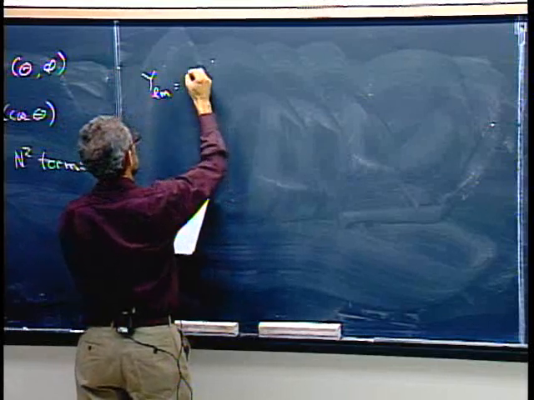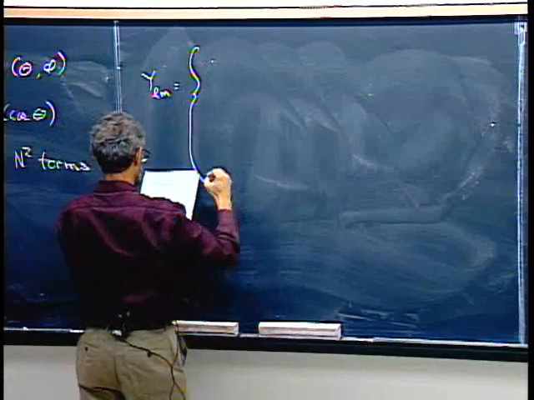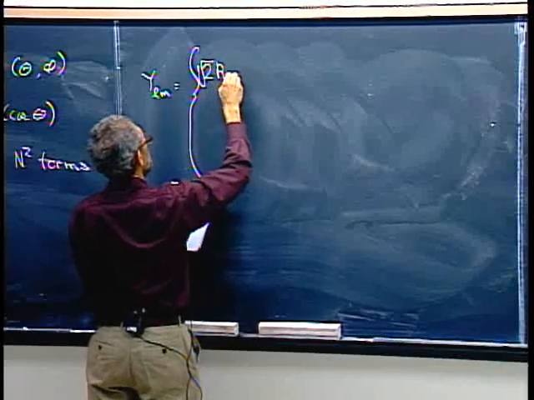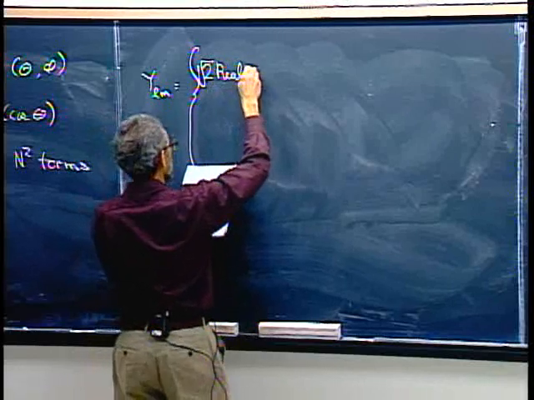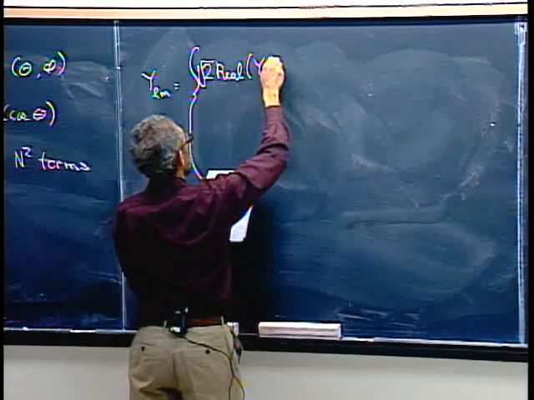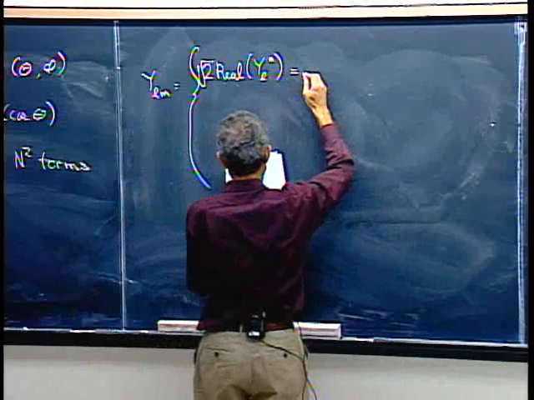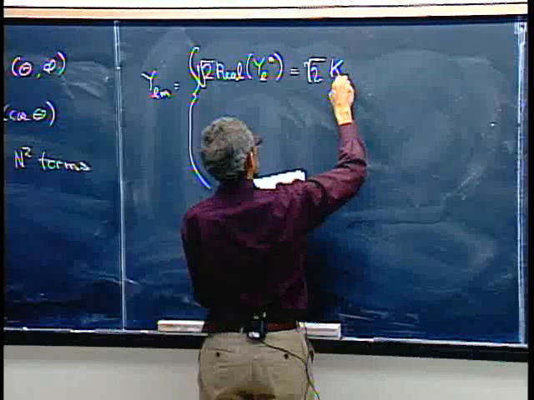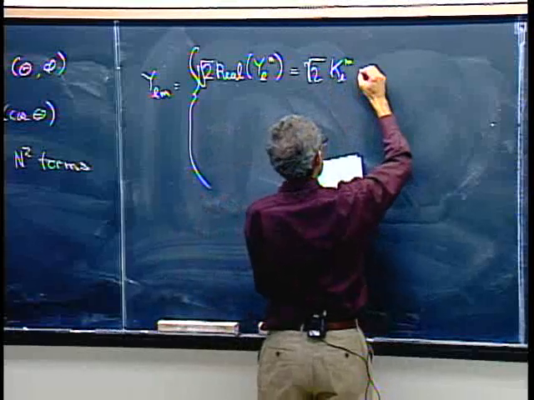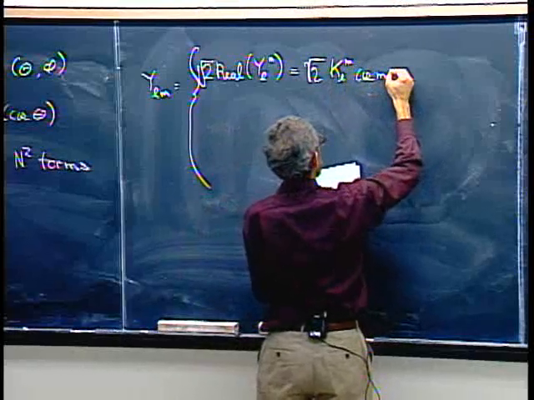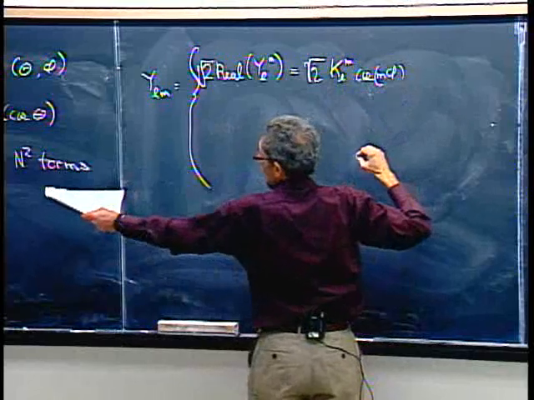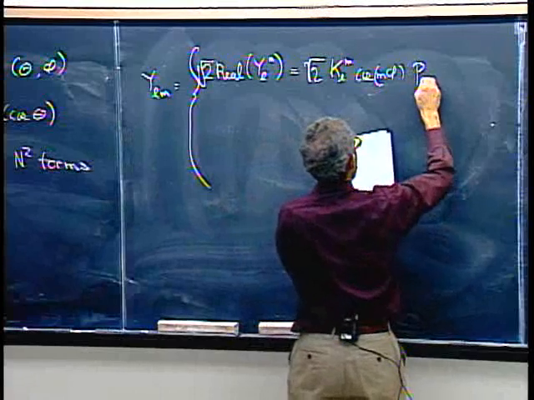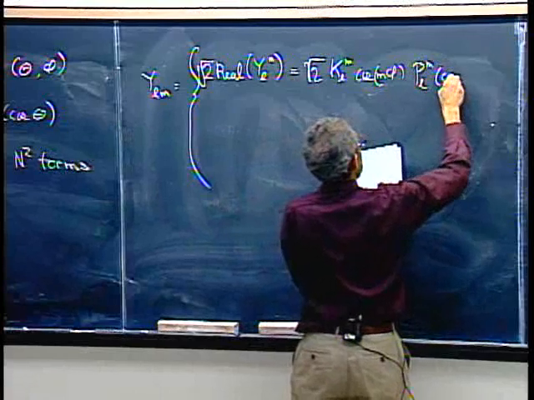And that's going to be twice the square root of 2 times the real part of Y_LM, which is going to be the square root of 2 times this K_LM times cosine m phi, because this e to the i m phi is a complex number, and then this polynomial P_LM of cosine theta.